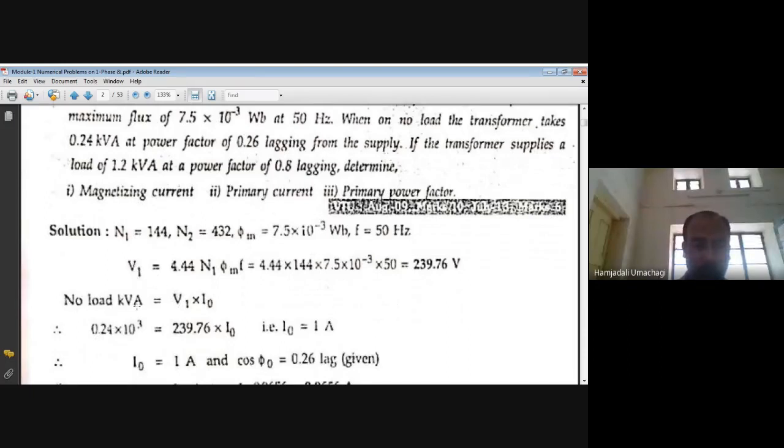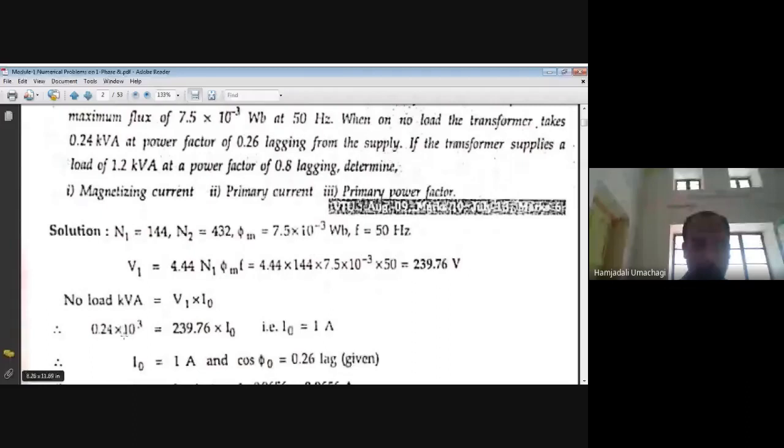Now let us calculate the no load kVA. No load kVA is given by primary voltage V1 into no load current I0. No load kVA is already given in the problem statement, that is 0.24 kVA. So we substitute 0.24 × 10^3 volt ampere equal to V1, whose value is 239.76, and the unknown parameter is no load current I0.